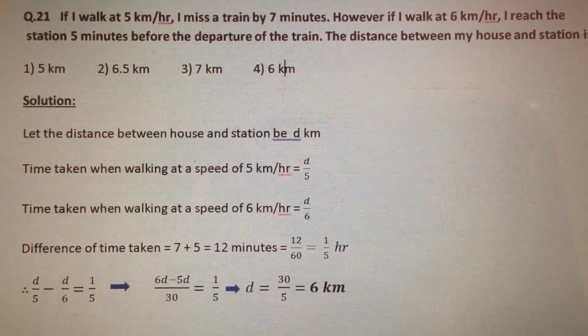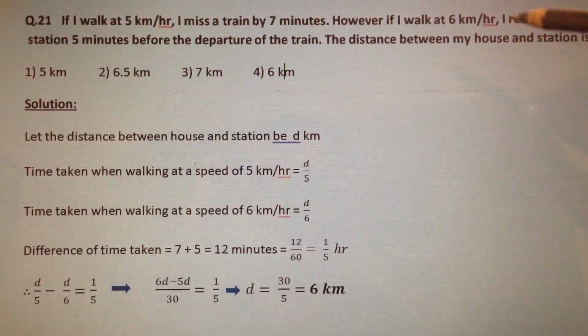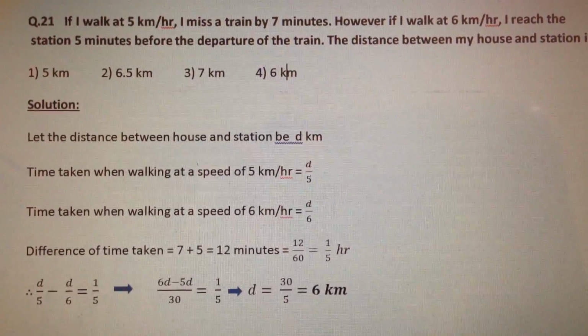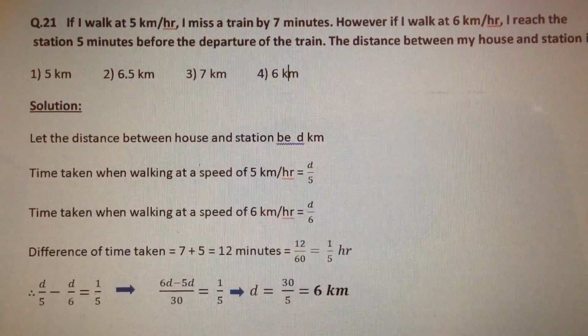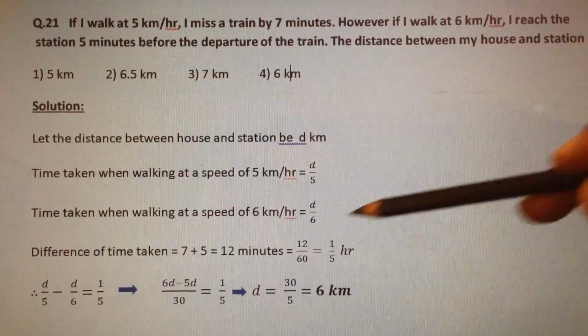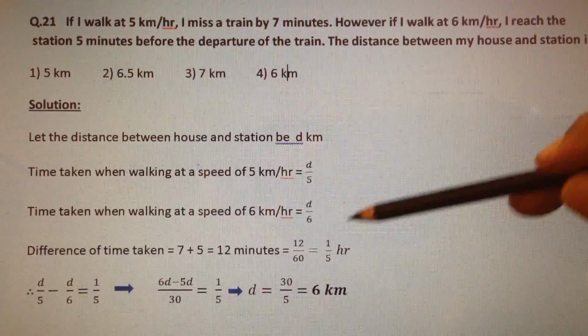Difference of time walking at 5 kilometers per hour and walking at 6 kilometers per hour is 7 plus 5 is equal to 12 minutes, which is equal to 12 by 60 hours, which is equal to 1 by 5 hours.